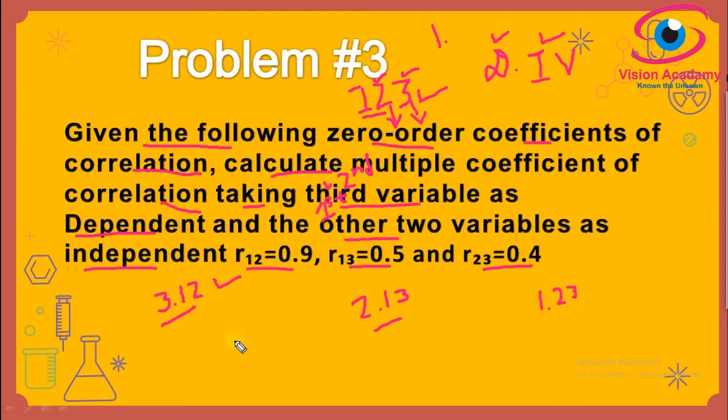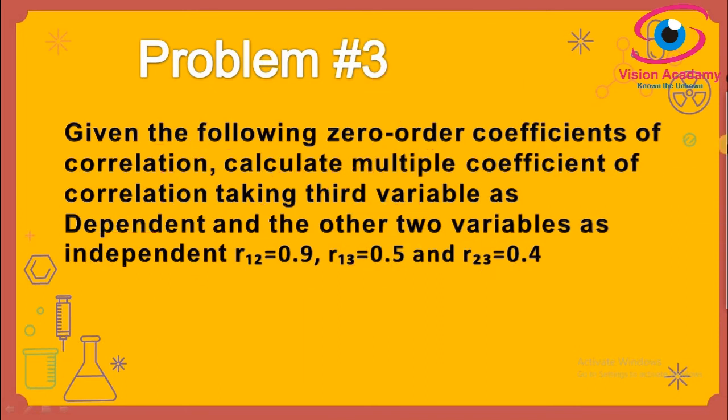So now we shall move on to 3.12, because they have asked to take the third variable as dependent variable. So 3 is the dependent variable and 1, 2 are the independent variables. Now let us solve this problem as we solved earlier.